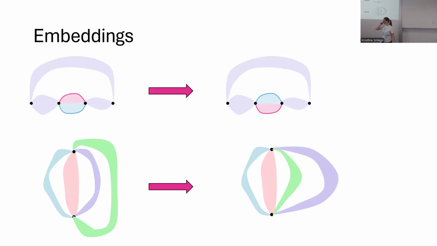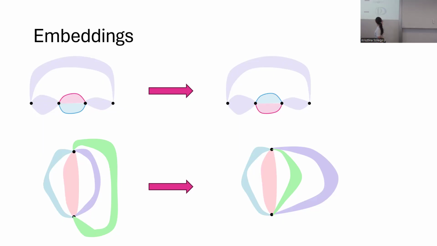So how do we get the embeddings of a planar graph from this SPQR tree? There is not much that we can do. Basically, we can just flip. We can take any of the children components and flip it, in this case horizontally, around these two corner vertices.